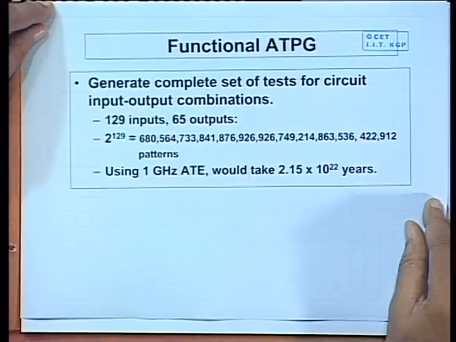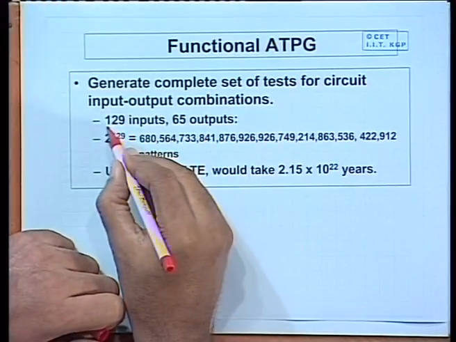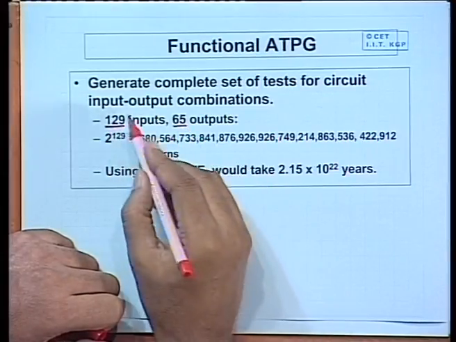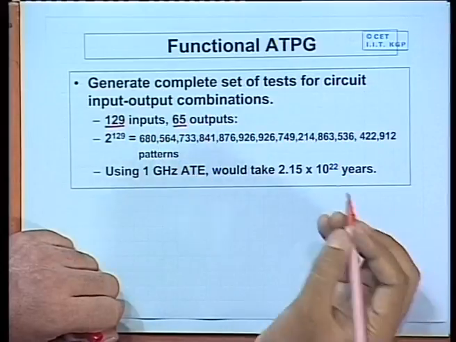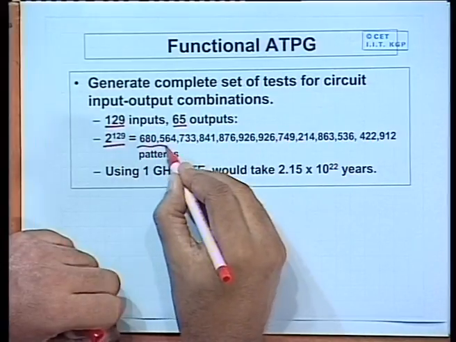But in this case, applying all possible inputs is simply out of the question. Why? There are 129 inputs, of course 65 outputs. So, if you want to apply all possible inputs, it is 2 to the power 129, which is a number so large.